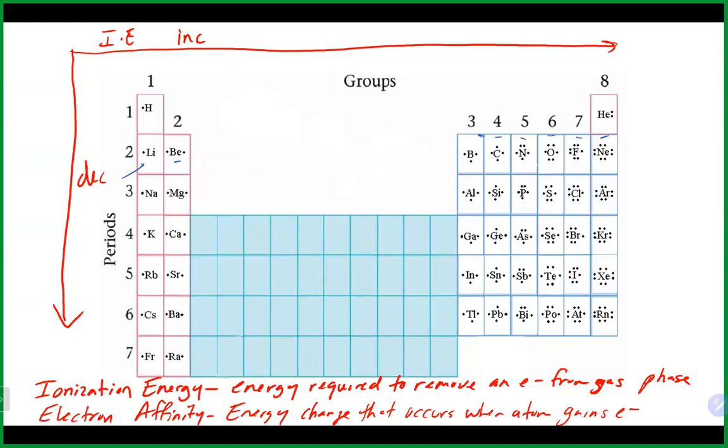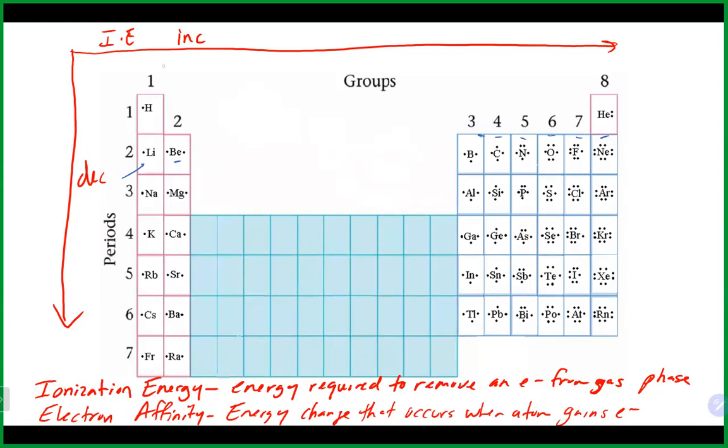So ionization energy is the energy required to remove an electron, and that's usually associated with cations being formed. Those are the positively charged ions, as they lost electrons. Electron affinity is the energy change when an atom gains an electron. That's usually a result of an anion being formed as it gains electrons.